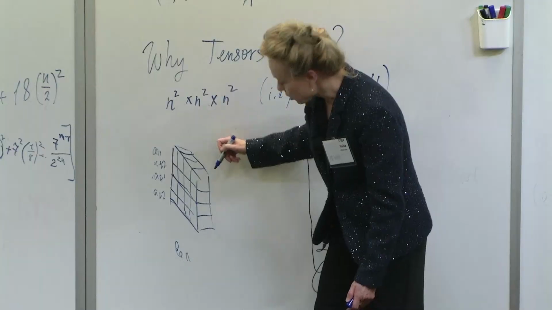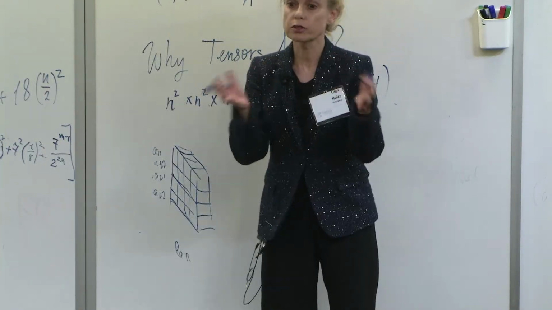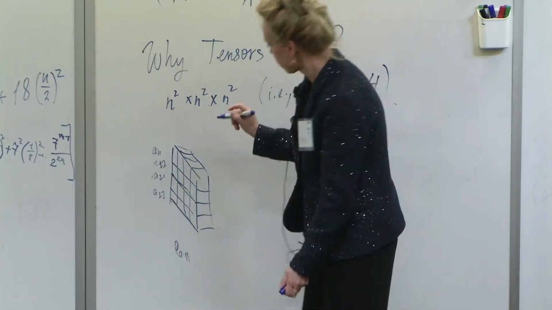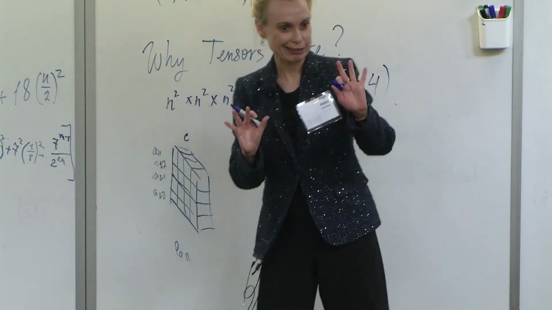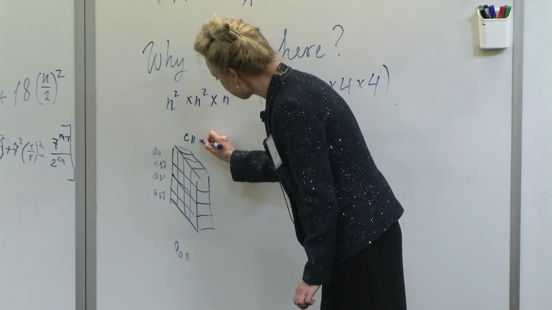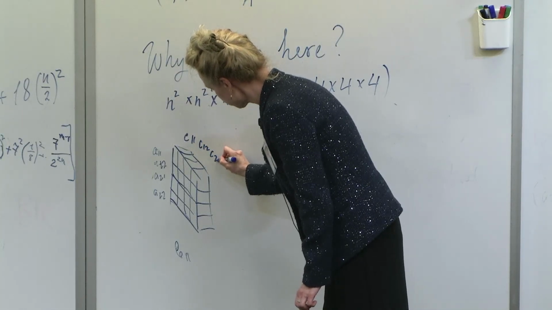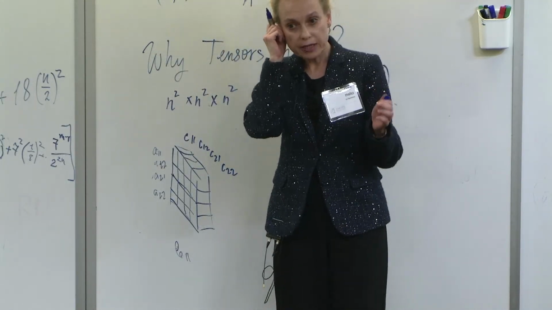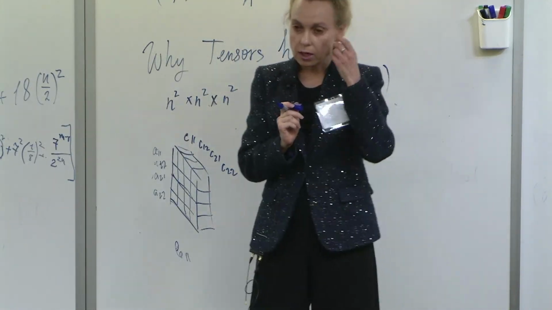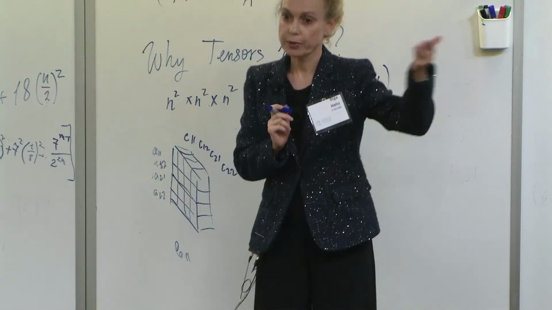And then this direction will be labeled by the C's. You can choose how to label this, it doesn't matter. Again, I'm not concerned with fancy invariants here, so bear with me. C11, C12, C21, C22.